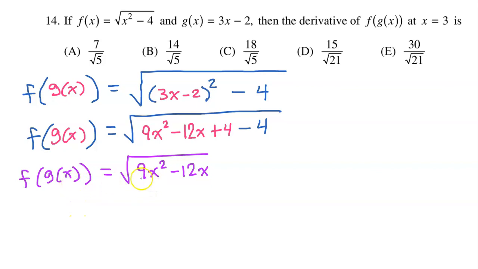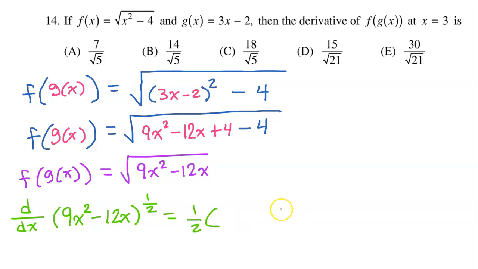Now let's take the derivative. As we take the derivative, we will think of the composite function as 9x squared minus 12x to the 1/2 power. Here comes the chain rule. Let's put the 1/2 power in the front, and the new exponent will be negative 1/2 power.